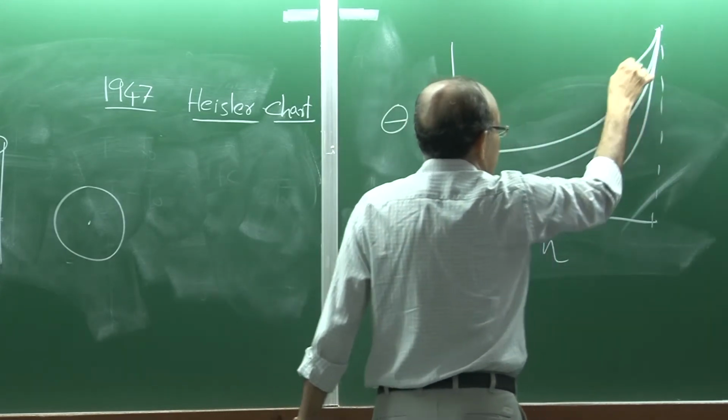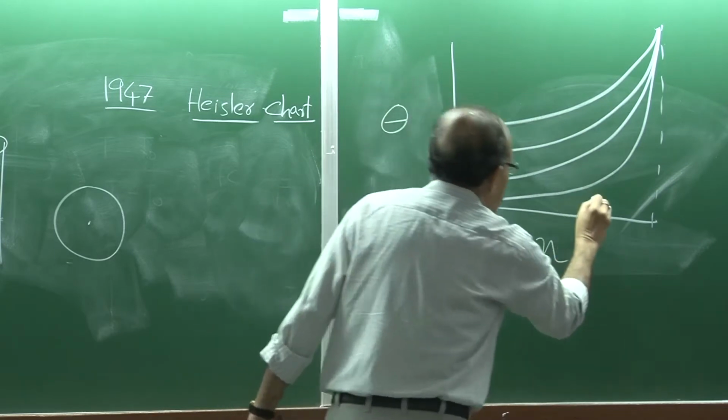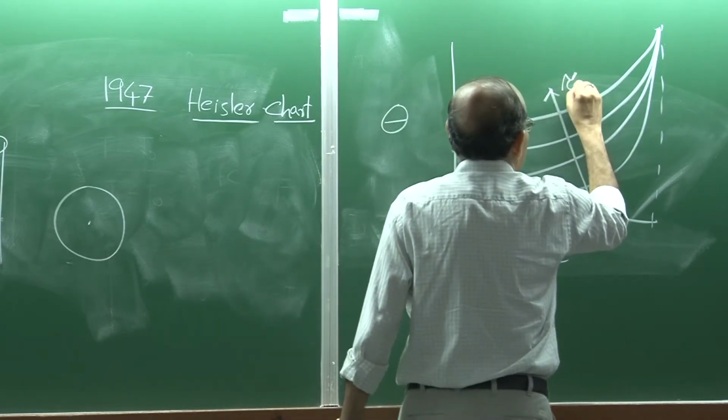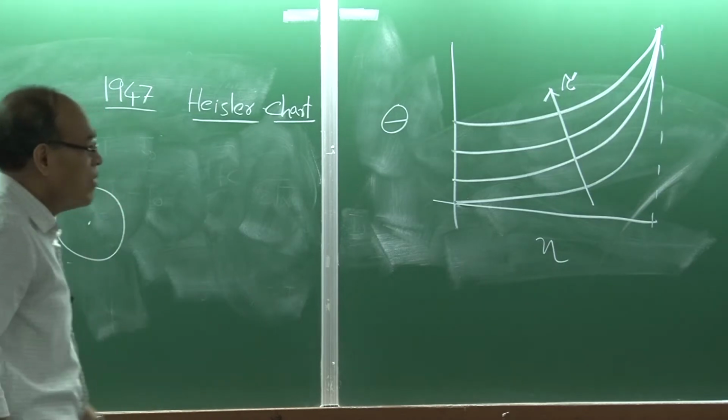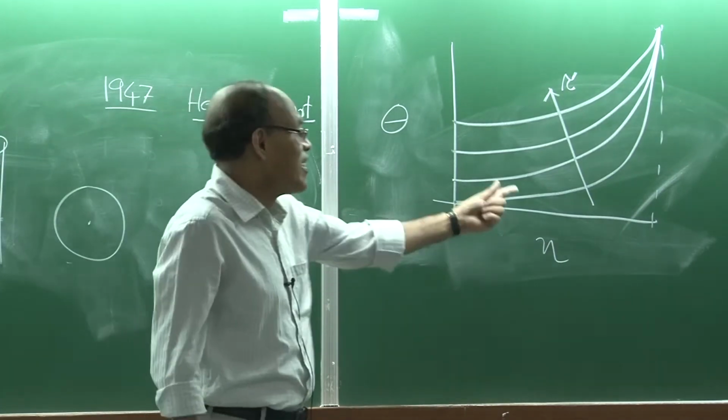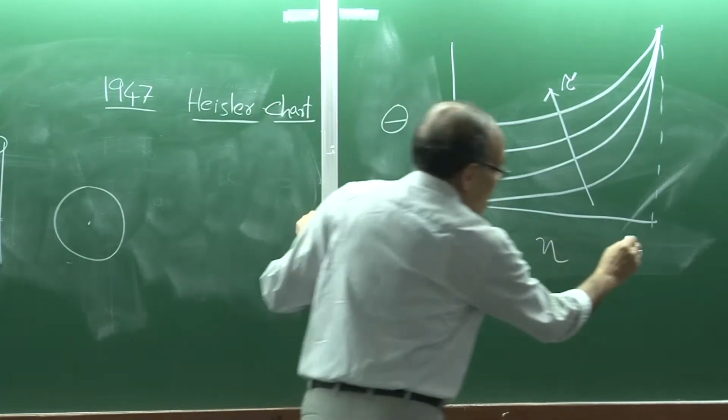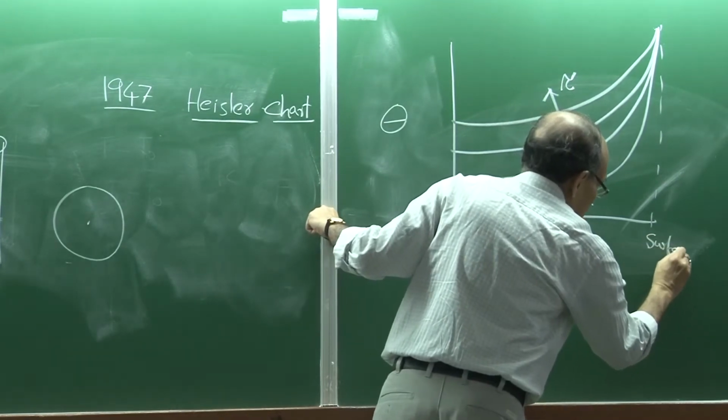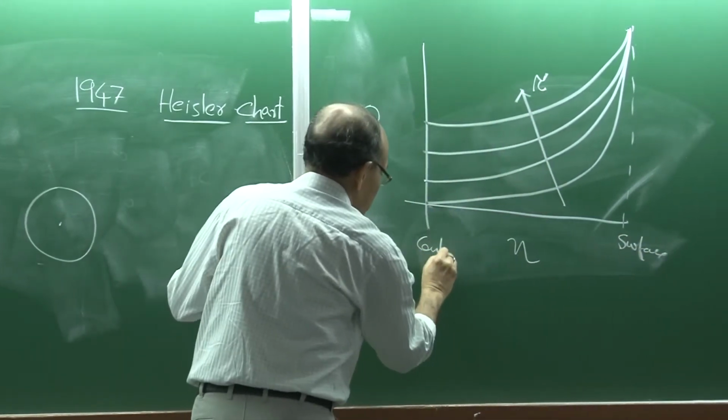You should be able to see what I am trying to draw. So, this is the non-dimensional time tau increasing. This could be, for example, in a cylindrical domain or a spherical domain, the surface of the cylinder, and this could be the center of the cylinder.